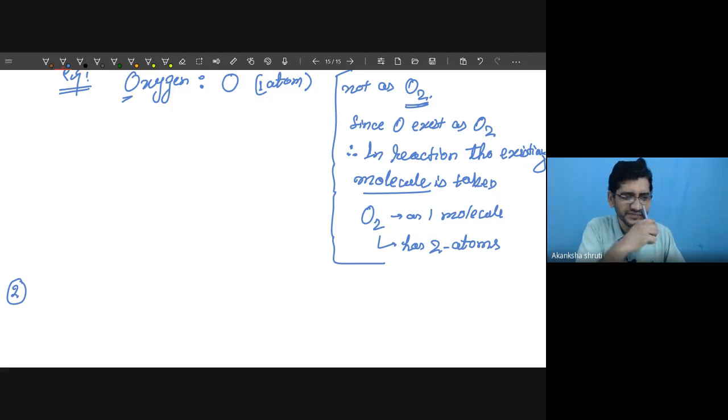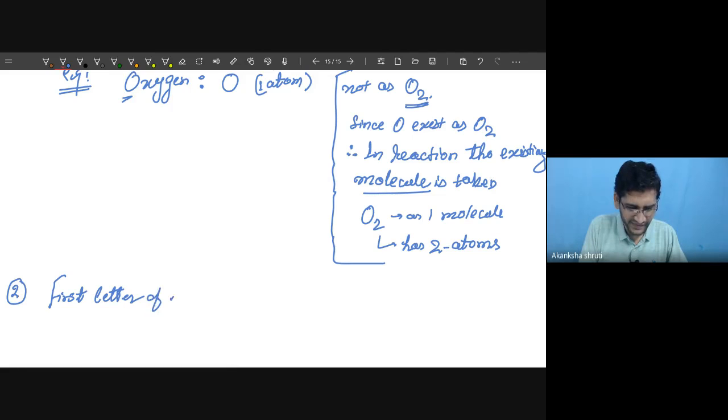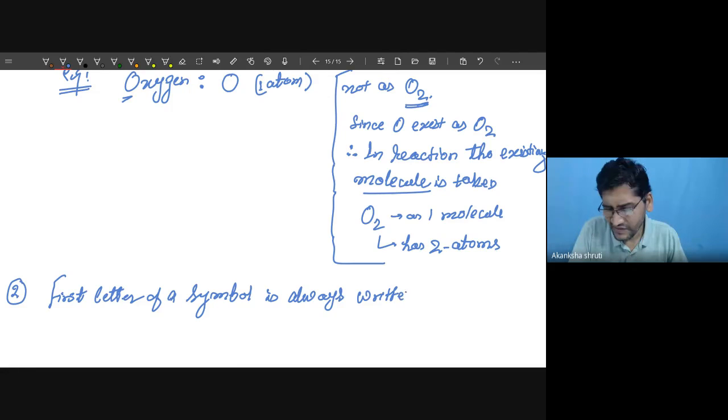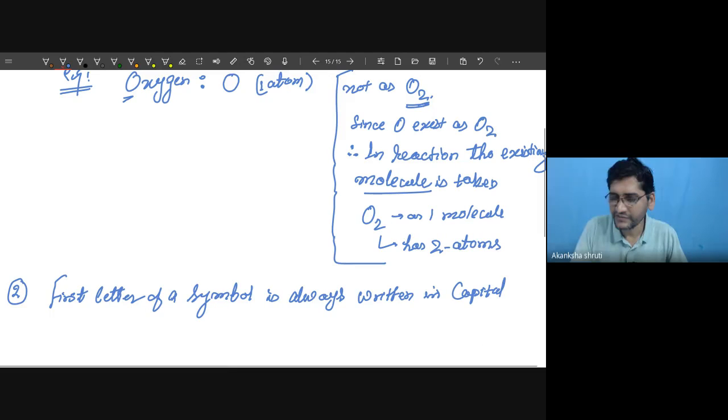So, the first letter of a symbol is always written in capital. That is one thing.